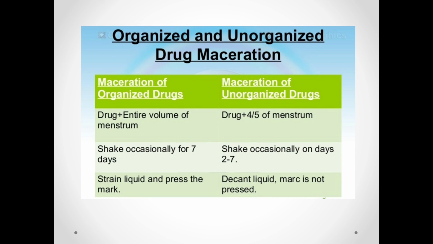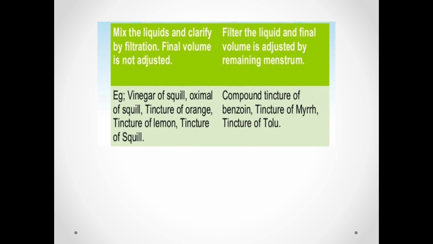In maceration of the unorganized drug, shake the drug occasionally on the day, that is 2 or 7. Then strain the liquid and press the marc. In maceration of the unorganized drug, decant the liquid and the marc is not pressed. Then the third point is to mix the liquid and clarify by filtration. The final volume is not adjusted.